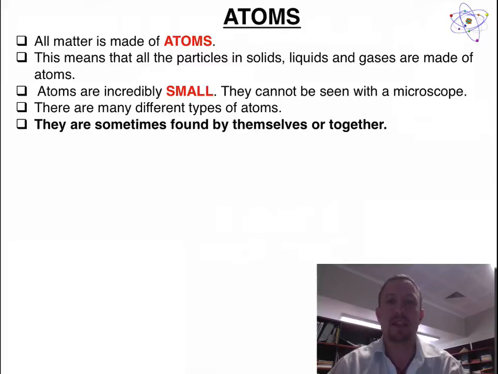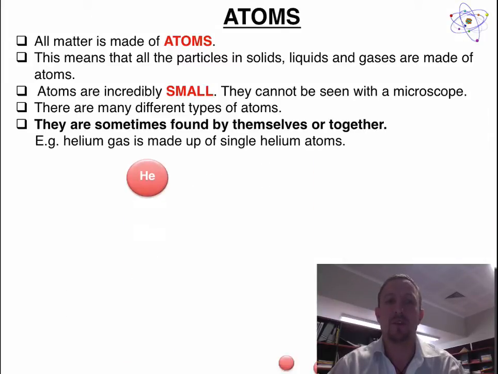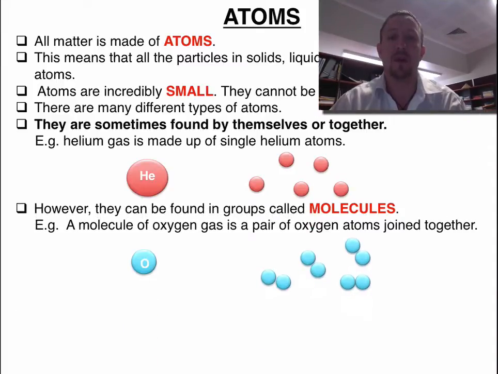Now these atoms can exist on their own, for example like helium. Helium is lighter than air, it's an element, and as a gas it exists on its own, in a singular form. However, sometimes these atoms can combine together. For example, oxygen. When they combine together they form what we call molecules.